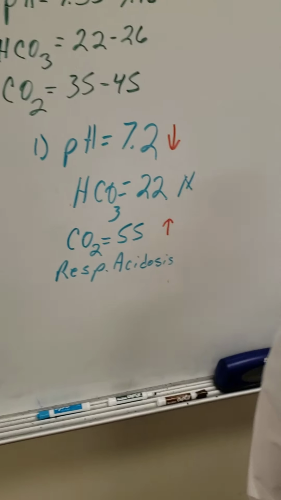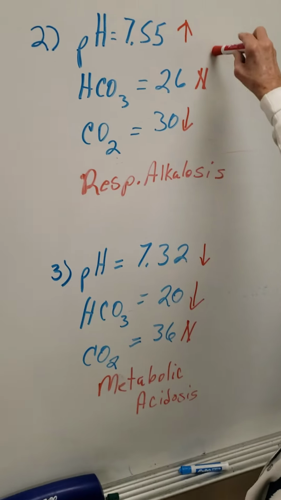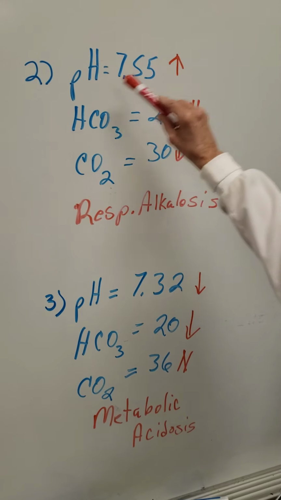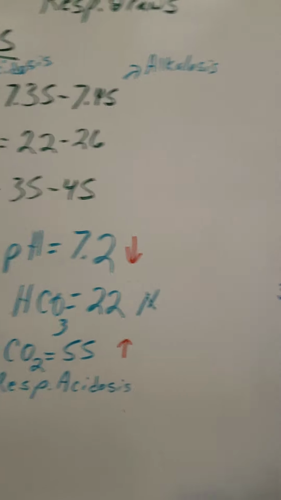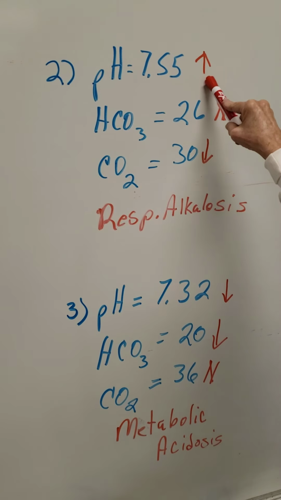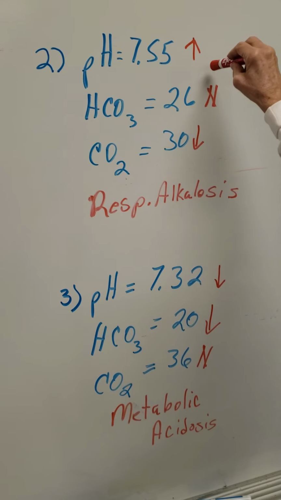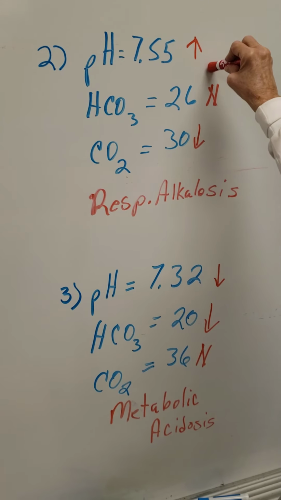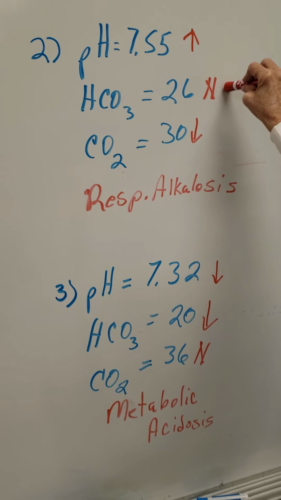Our second example for respiratory, look at our pH at 7.55. Anything above 7.45 is alkalosis. So this is alkalosis, all right? But we don't know if it's coming from the kidneys or the lungs, if it's respiratory or metabolic. So let's look at the bicarb component. On this patient, it was normal.